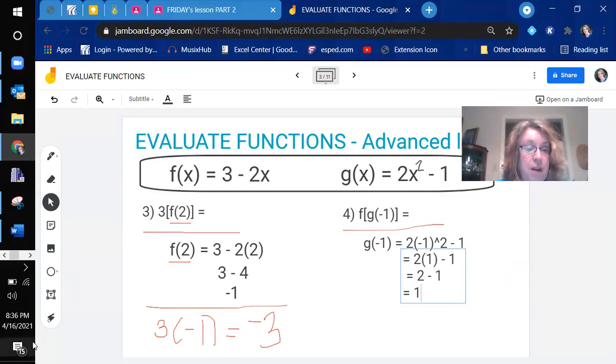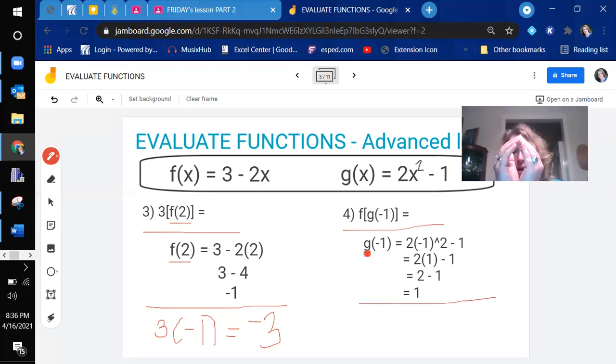So I figured out the inside part, the g of -1, and I just worked that, and that's a 1. So I'm going to take this 1 and bring it back inside here and replace everything that g of -1 is right there. So let's do part 2.